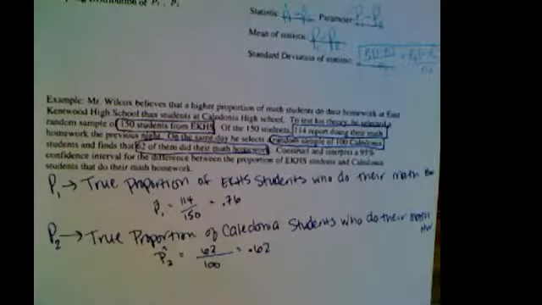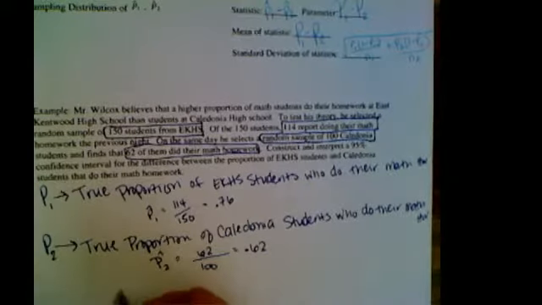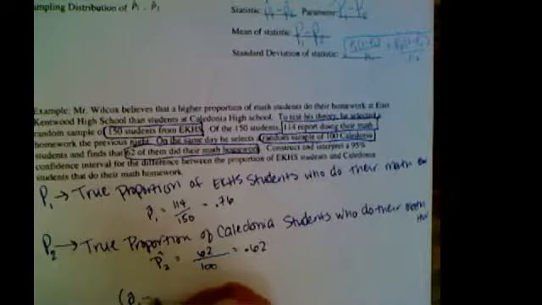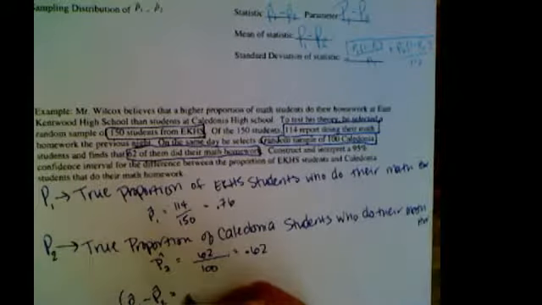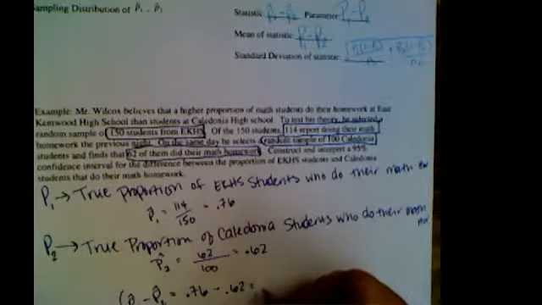So put that in your calculator. Hopefully you don't have to put that one in your calculator, but you get 0.62. So we would like to do p hat sub 1 minus p hat sub 2, which means we're doing 0.76 minus 0.62, which if we put that in our calculator, we get a difference of 14%, right?